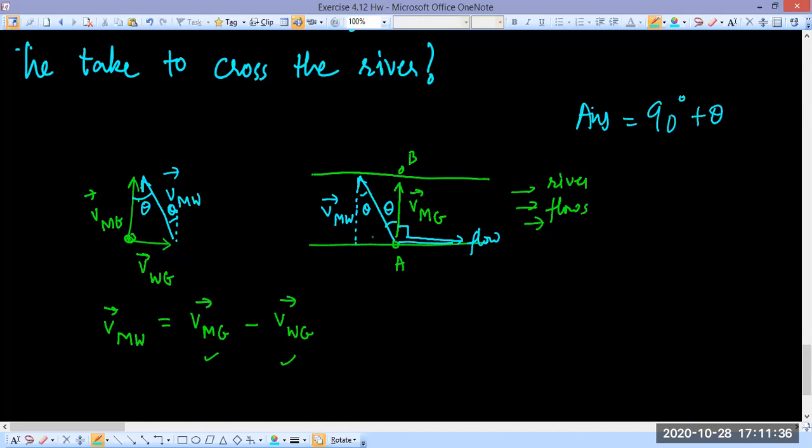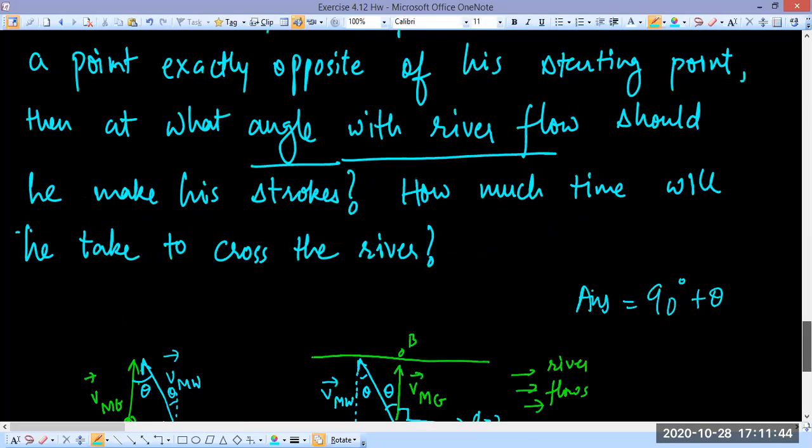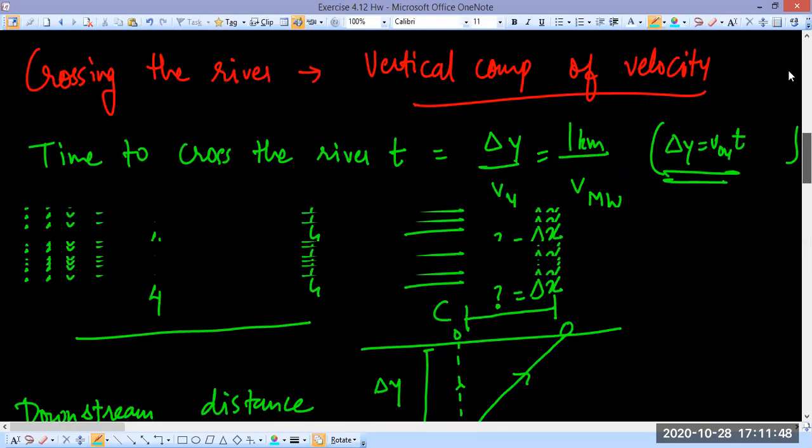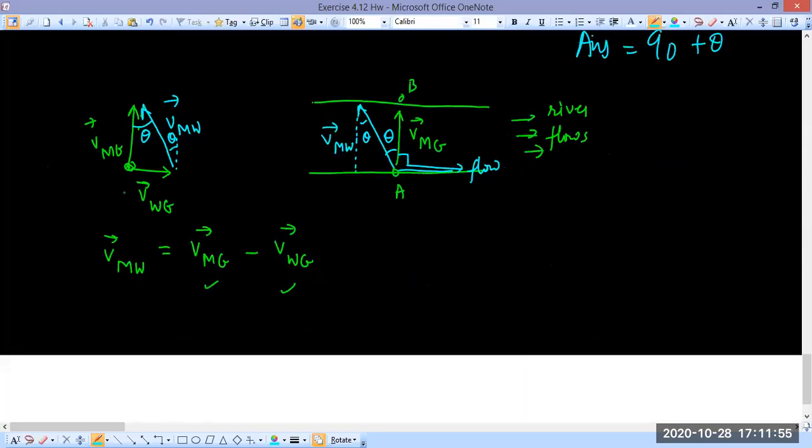Again, like this. So you could do it here or here. If you take this as theta, Vwg is given in the question. How much is its magnitude? Let's see. I don't remember this question, where did it go. 3 kilometer per hour and speed of man is 4. Okay, this is 3 and hypotenuse is 4, right?